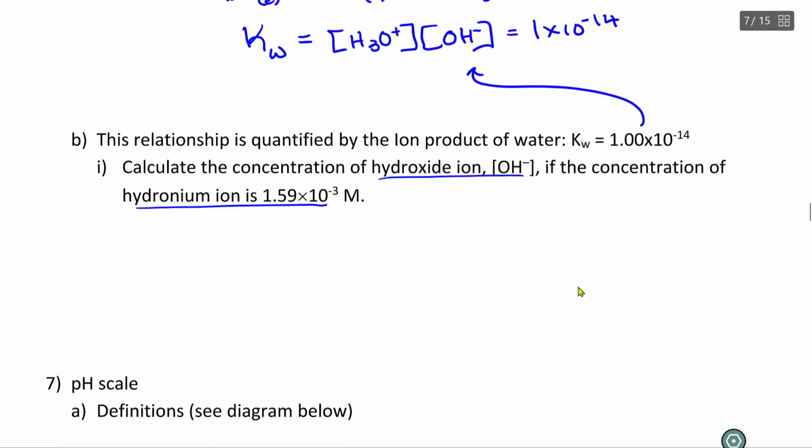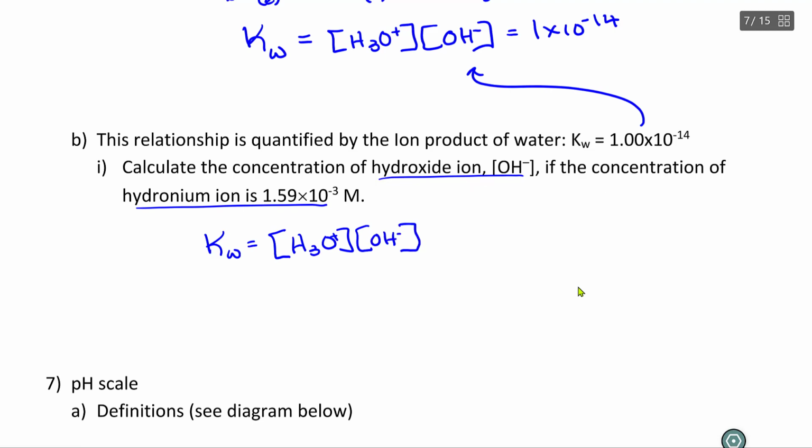So for example, I have this problem that says calculate the concentration of hydroxide ion if the concentration of hydronium is 1.59 times 10 to the minus third. I'm looking for hydroxide ion. So I know Kw is equal to hydronium, H3O plus, times hydroxide, OH minus.